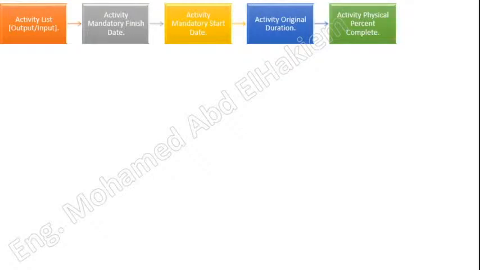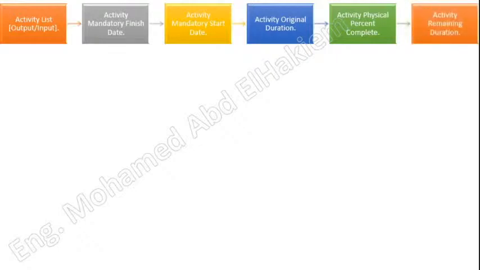May also be called planned duration. Activity physical percent complete. An estimate, expressed as a percent, of the amount of work that has been completed on a schedule activity, measured in terms of either physical work progress or by means of the earning rules of earned value management.